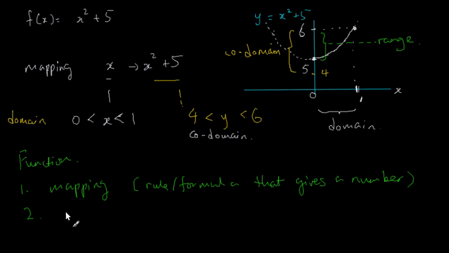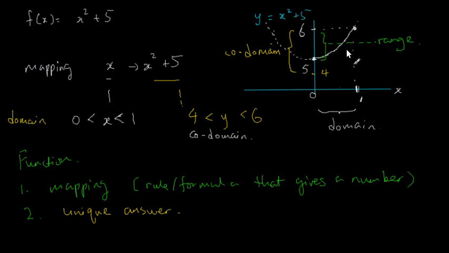So in this example, you see that from a number in the domain, if you look at this graph, this graph tells me that there is a definite answer here.